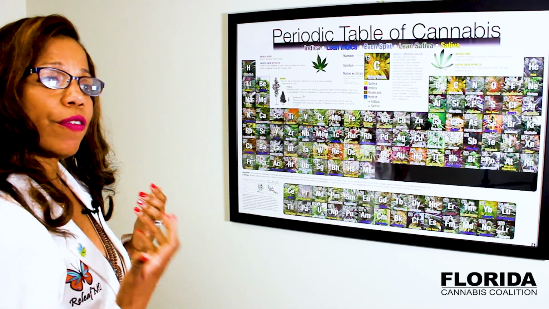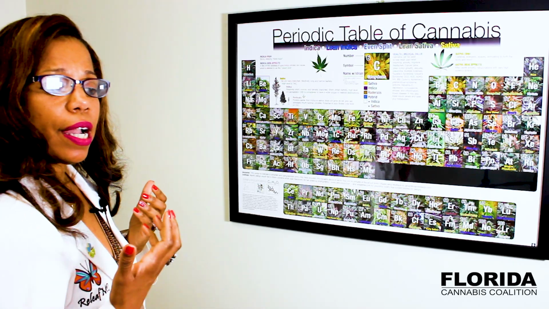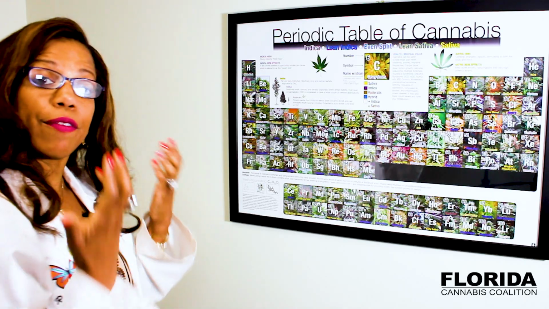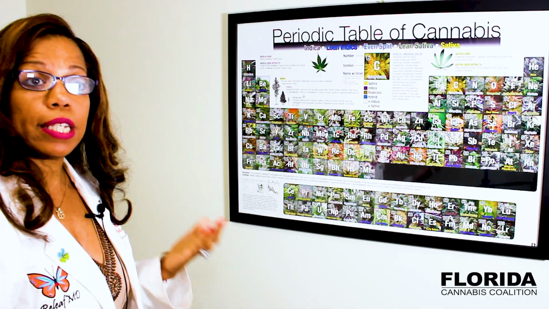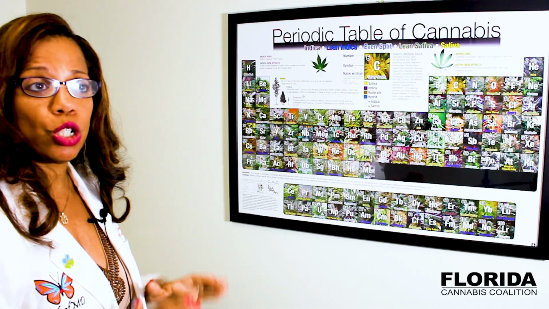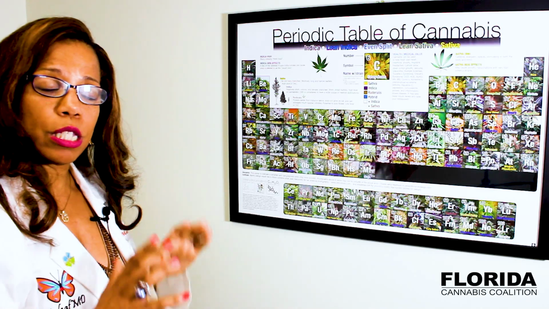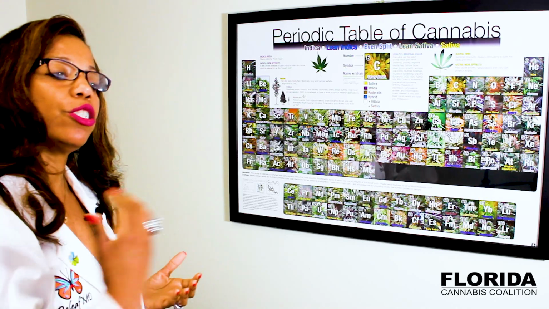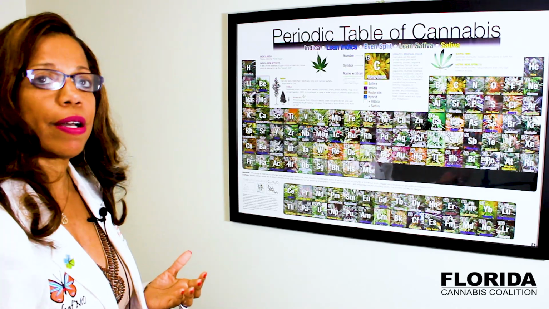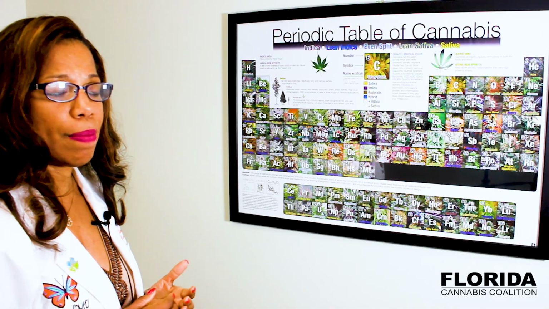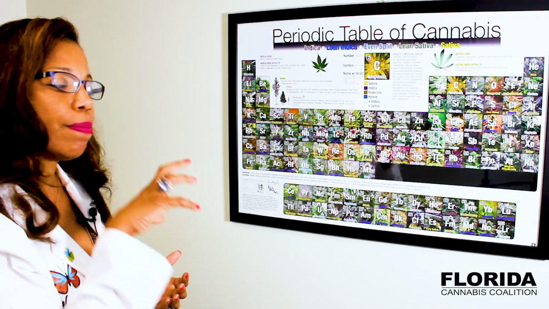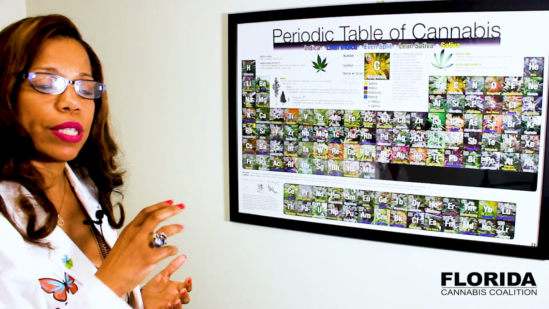So if you have noticed here in Florida, a lot of times you'll go to the dispensaries and they will have run out of things, partly because of the vertical distribution of the way the dispensaries are set up. But if they run out of the things that you like, they'll try to sell you another type of sativa. Be careful about that, because you may like a certain sativa because of the cultivars within that sativa.